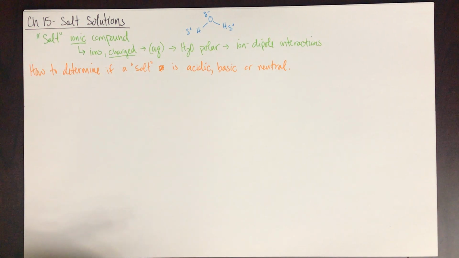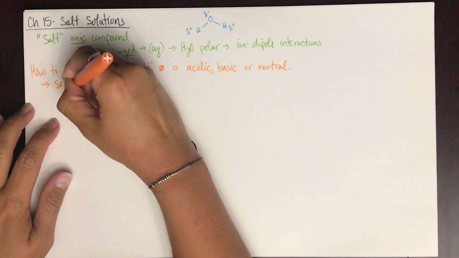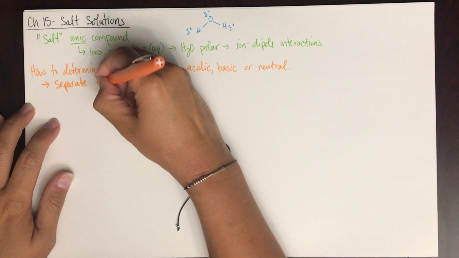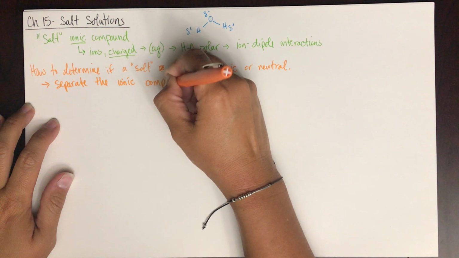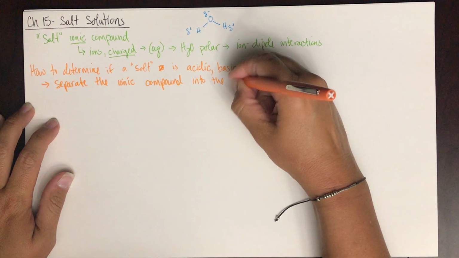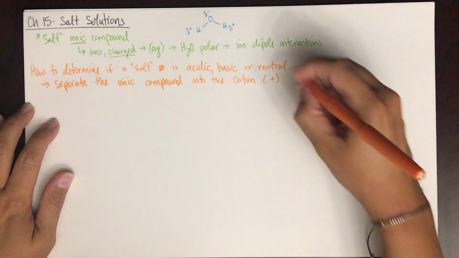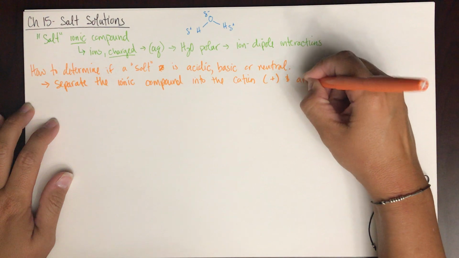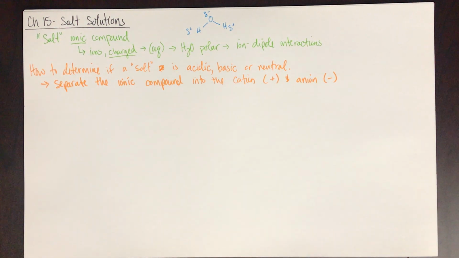So the way that we do this is we're going to look at the cation and the anion of the salt separately. The cation, which remember is the positively charged ion, and the anion, which is the negatively charged ion.